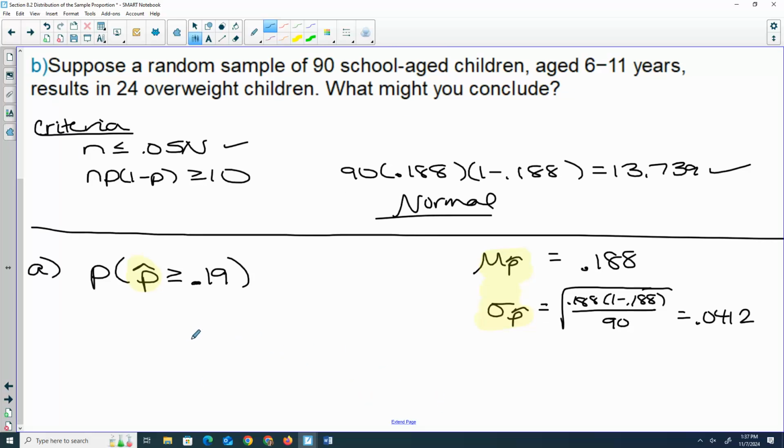So now we get the z. So z is our value, which was 0.19, minus the mean, 0.188, divided by the standard deviation. I think I did give you guys a blank slide after that one, didn't I? So you have a little more work.